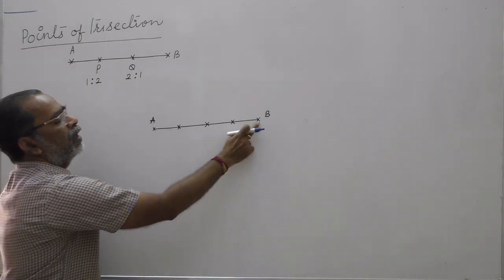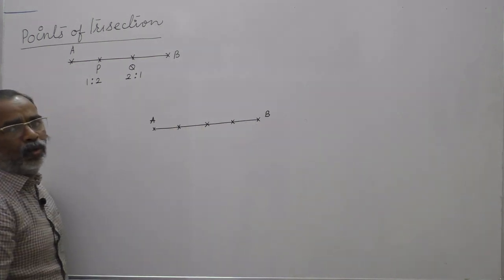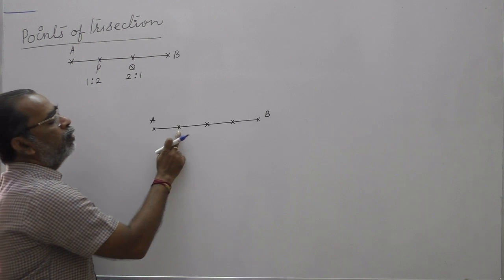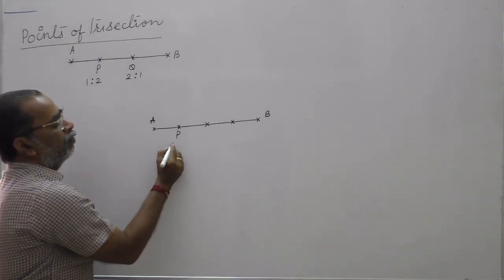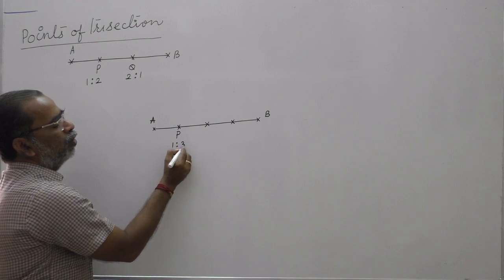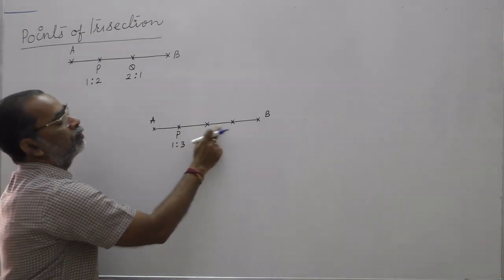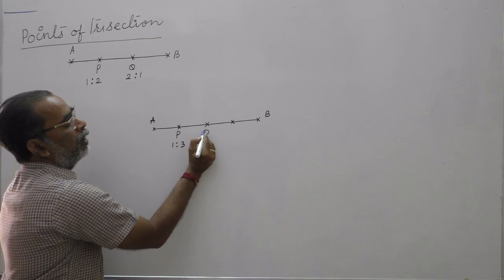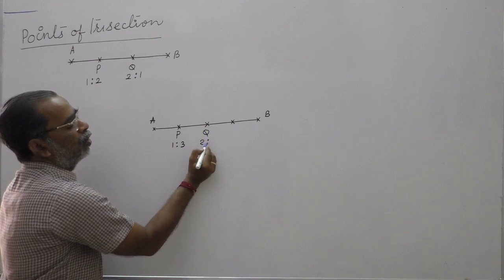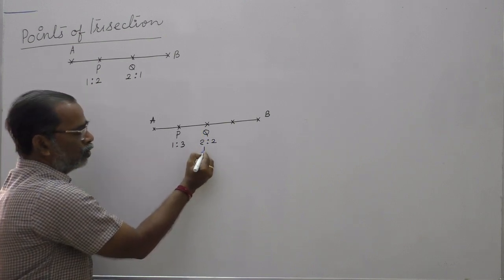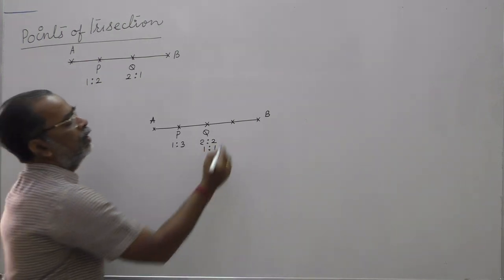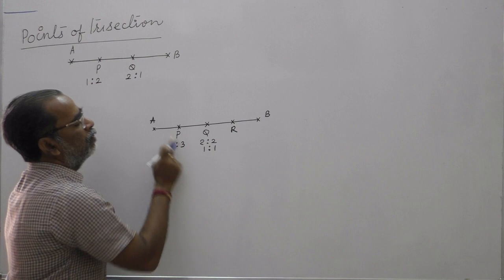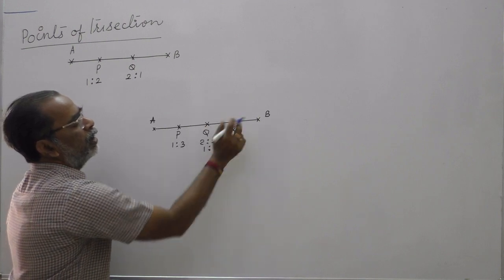To divide the line segment AB into 4 equal parts, 3 points are required. The first point will be dividing in the ratio 1:3. The second point will be dividing in the ratio 2:2, which is nothing but 1:1, that is the midpoint. And the third point is dividing in the ratio 3:1.